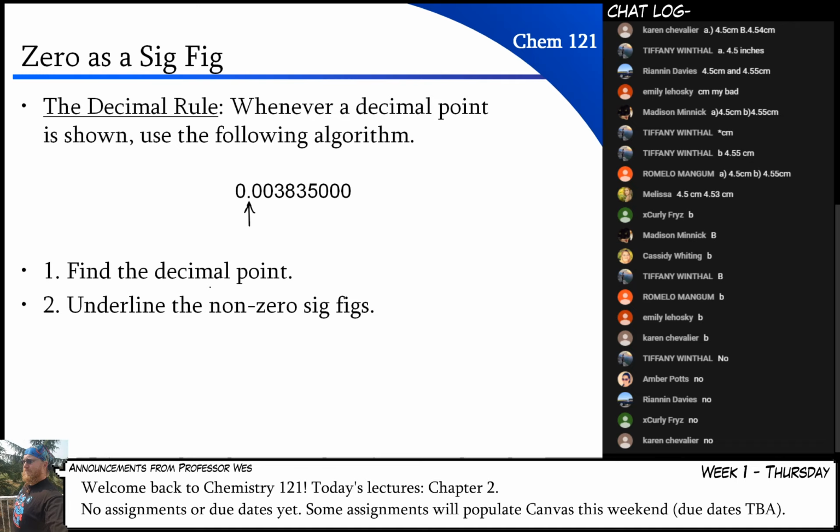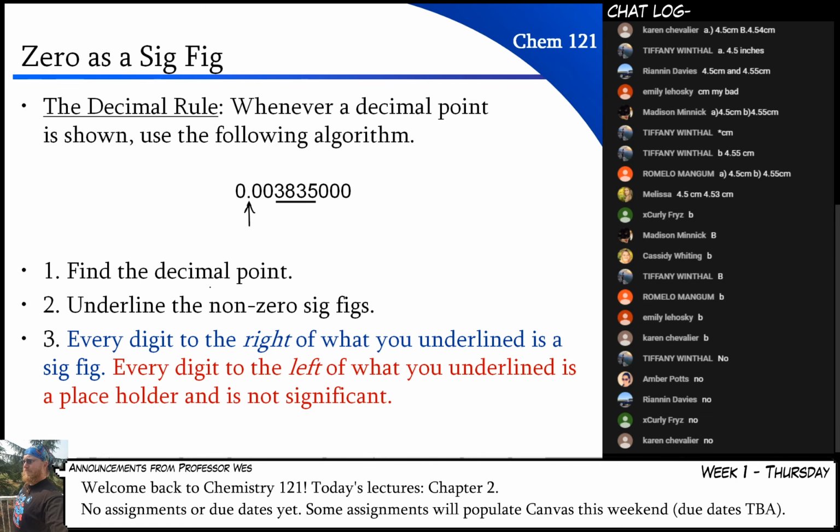Step 2, underline anything that isn't a 0. That's these guys. So I'm going to count those sig figs for sure in my sig fig determination. Finally, for step 3, anything to the right of what you underlined is a significant figure. Anything to the left is a placeholder. Those are just zeros that are moving your magnitude to where it needs to be.